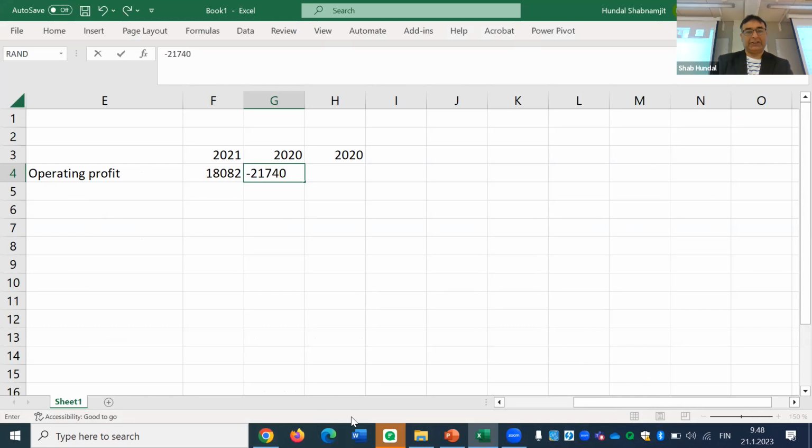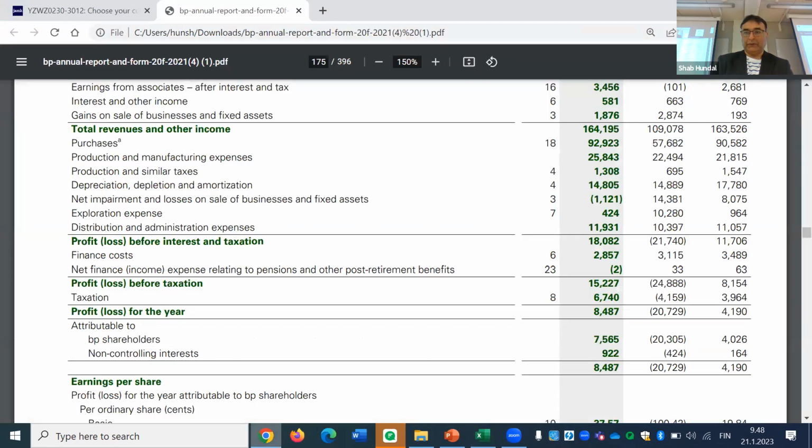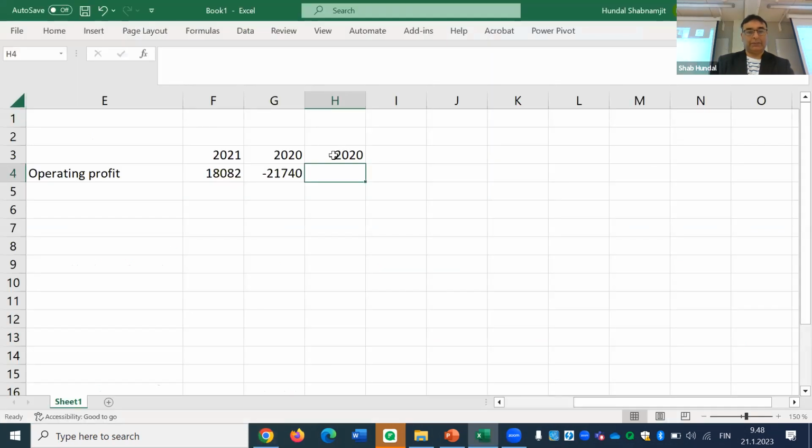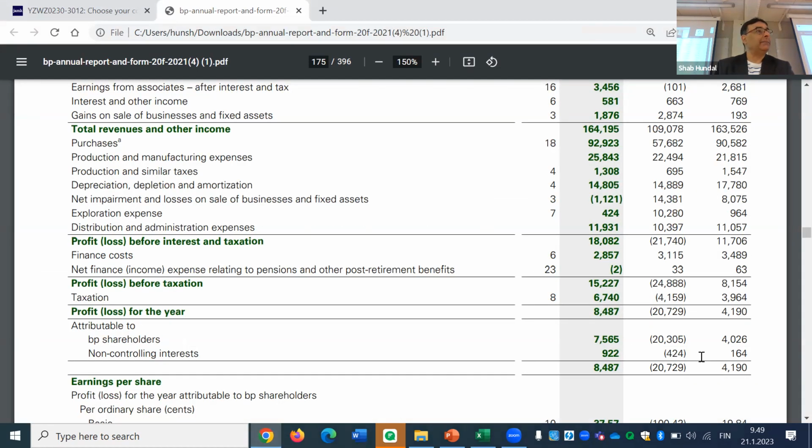But in 2019, when COVID didn't strike, the profit was 11,706. Yeah, 2019, sorry.